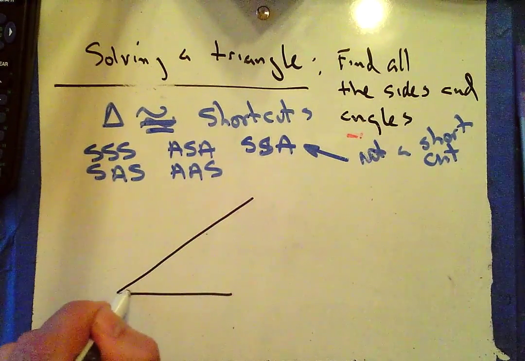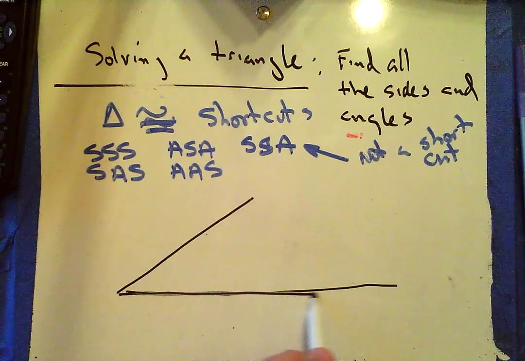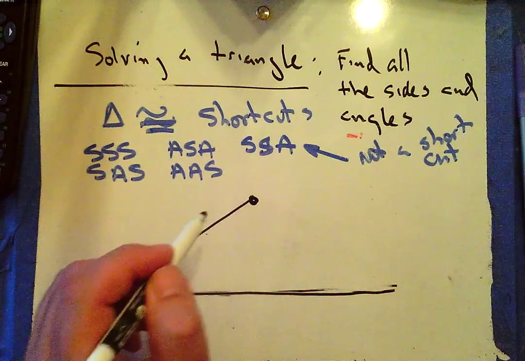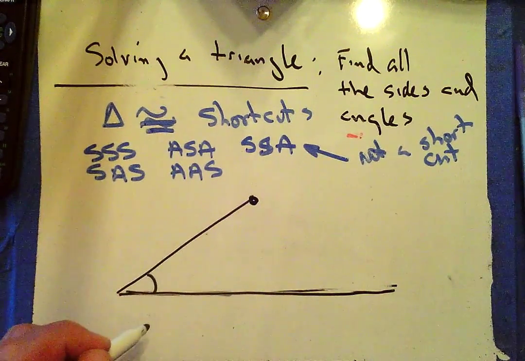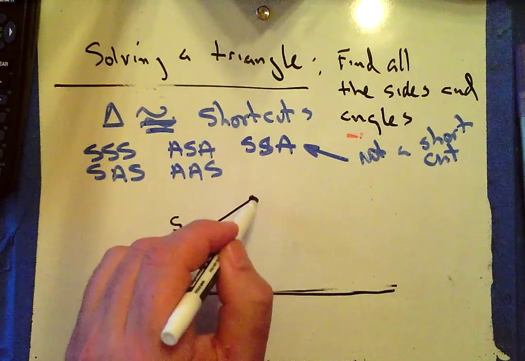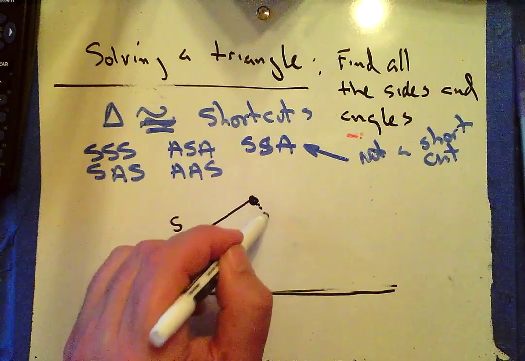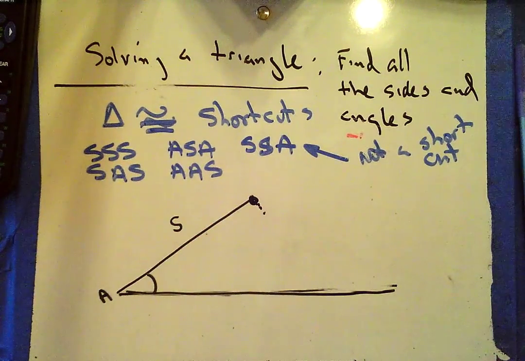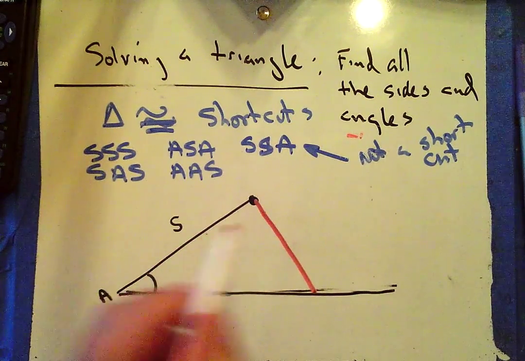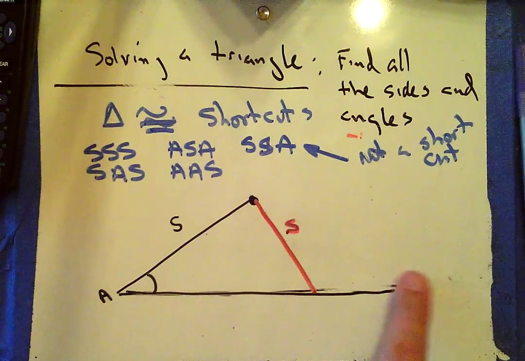This is my given angle, angle A. Here's a side. And then over here, I want to draw another side. Let's draw it in two different colors. We'll use red for this side. So there's that third side, and I get a triangle.